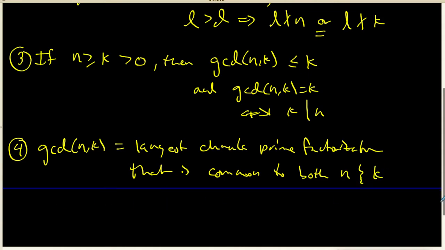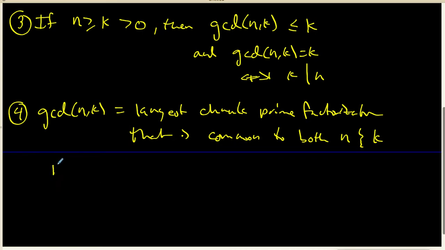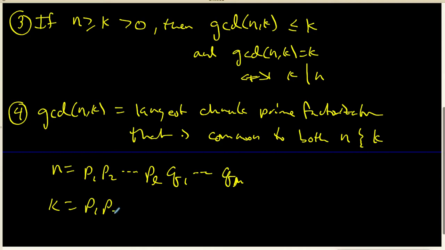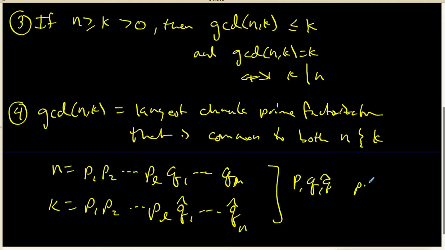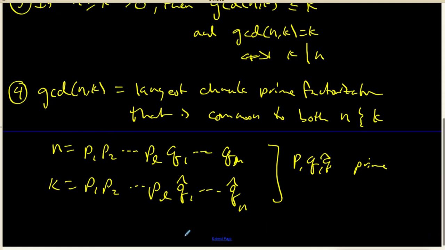So in other words, if I'm thinking in terms of n is equal to a bunch of primes, p1 through pl, and then some more primes that I'm going to call q's, let's call this one m. And k is equal to p1, p2 down to pl, and then q hat 1 down to, let's say, q hat n, where the p's and the q's and the q hats are all prime, and these are prime factorizations. In this kind of a thing, the GCD of n and k would be the product of the primes.